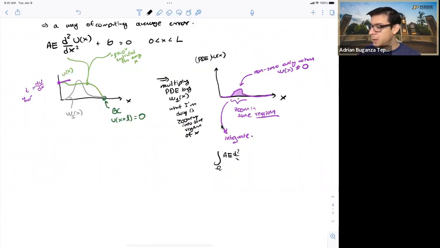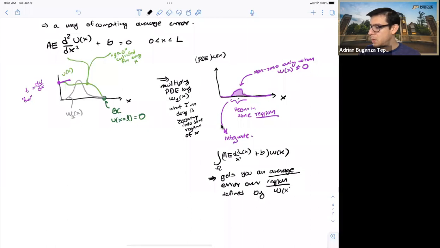So that's the meaning of that first step of going from the strong form to the weak form. So what this is doing is essentially calculating an average error over the region defined by W. So there's two key things here.